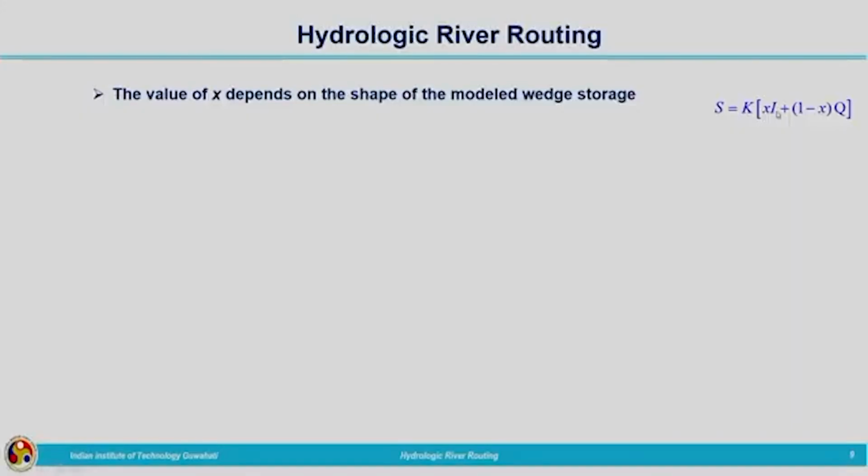Now, this storage function along with the continuity equation we will be making use for finding out the outflow hydrograph. So, this is our storage function, in that we are having X and K which are unknowns along with Q. Only the inflow hydrograph is there with us and some of the initial conditions related to discharge.